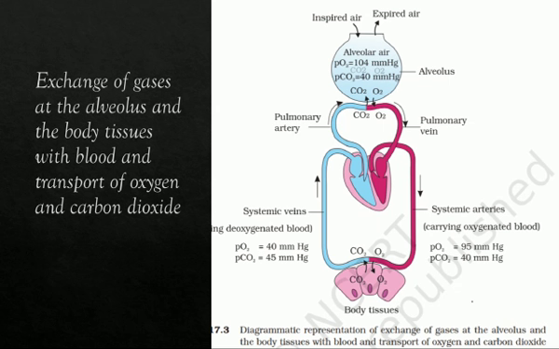So this is the diagrammatic representation of exchange of gases at the alveoli and the body tissues with blood and transport of oxygen and carbon dioxide, which is based on the partial pressures of the two gases, oxygen and carbon dioxide, moving from higher concentration to lower concentration.